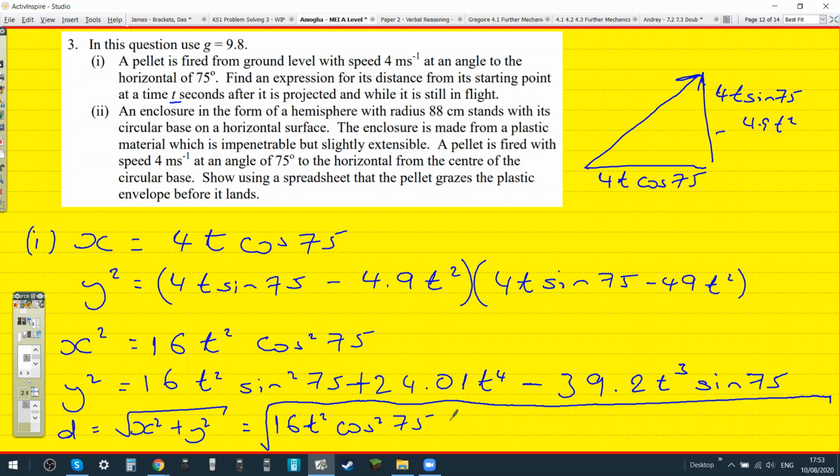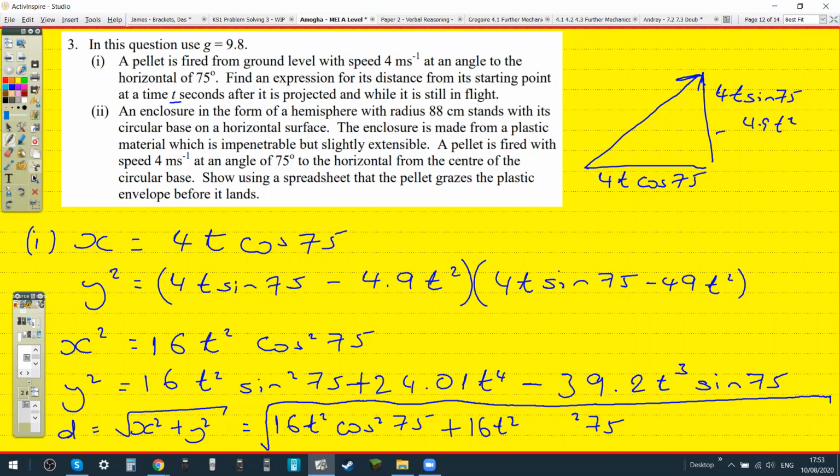16t squared cos squared 75. You can't really add any of them, so you just have to write it all out. I mean, something might happen. You could factorize out 16t squared. Did I write the same thing twice there? This one should be sine squared. And what happens with sine squared and cos squared? 1.